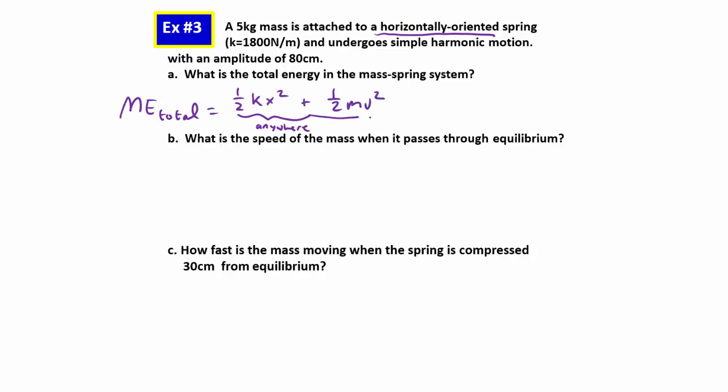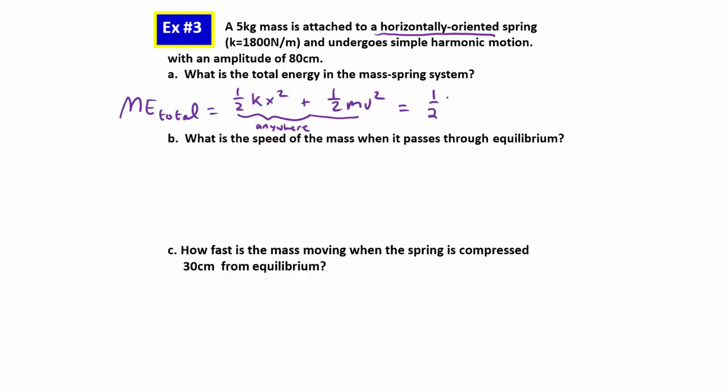So when I add those two together, we're looking at the total energy that's available. So if they give me the amplitude, I know that when it's out at the amplitude, all the energy is stored in the spring.